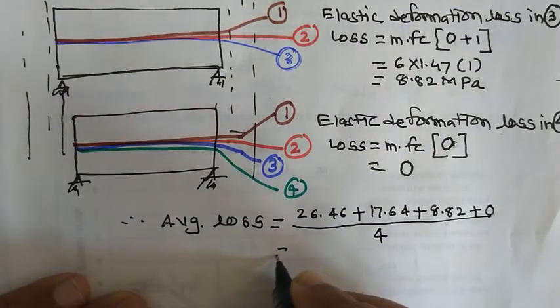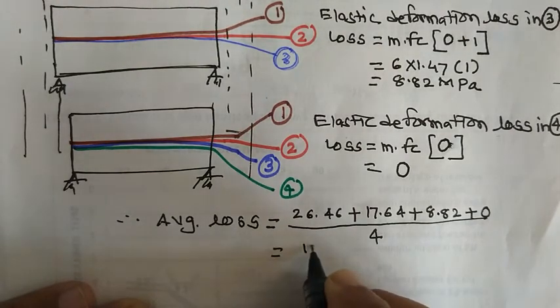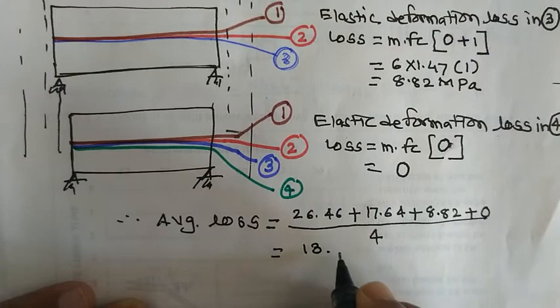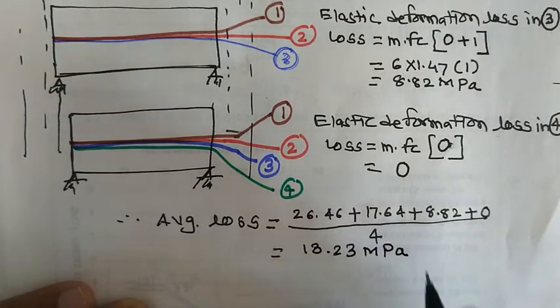Divided by 4 you get the average loss. So 26.46 plus 17.64 plus 8.82 plus 0, divided by 4. So this is your average loss, 13.23 megapascal.